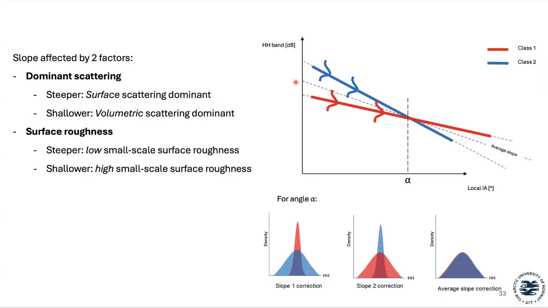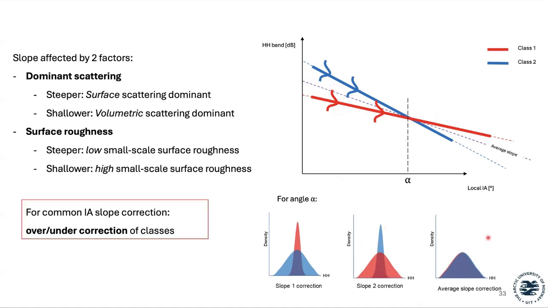And one of the approximations that is standard in remote sensing is that you just take the average of all your classes, and this means that you lose a lot of information. The problem with this is that you over or undercorrect certain classes of what you're looking at specifically. And this is problematic when you try to classify.